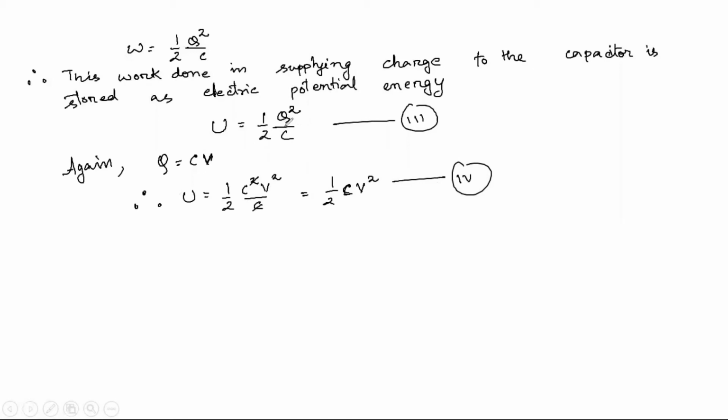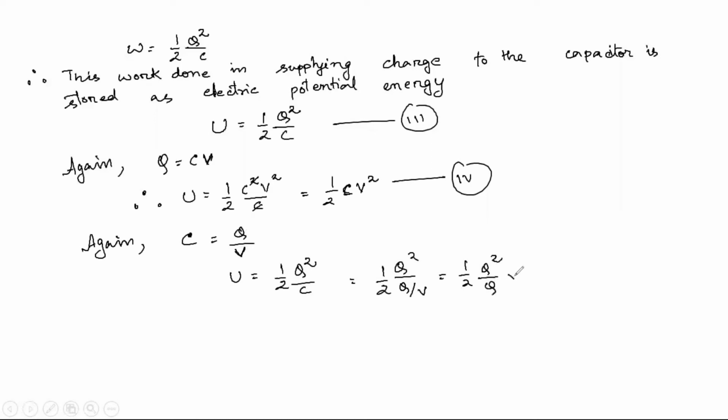So this is another expression of potential energy, and you can call it equation number 4. Again, you can have a relation in terms of charge and potential. We write C as Q by V and replace the C value here. Q square, now this C will be replaced by Q by V, so you will have Q square over Q multiplied by V. That Q gets cancelled, and you will have another relation, which is half QV.